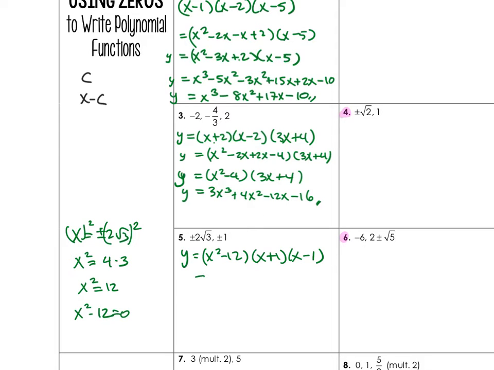So this is x squared minus 12 times x squared minus 1. If you want to FOIL, you're going to cancel that 1x and negative x. So now I'm going to FOIL here, so x to the 4th minus x squared minus 12x squared plus 12. And this is x to the 4th minus 13x squared plus 12.